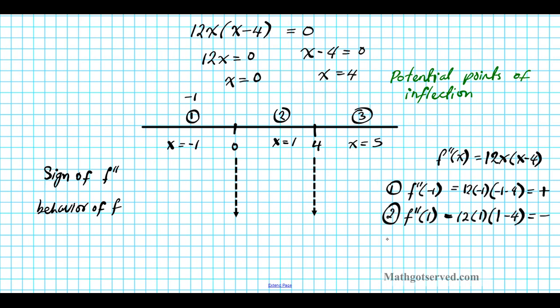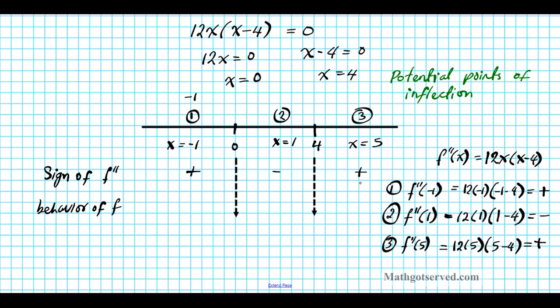And then for interval 3, f double prime of 5, we have 12 times 5 times 5 minus 4. So we have a positive number times a positive number, which is positive. So now we have the sign of f double prime is positive, negative, positive.